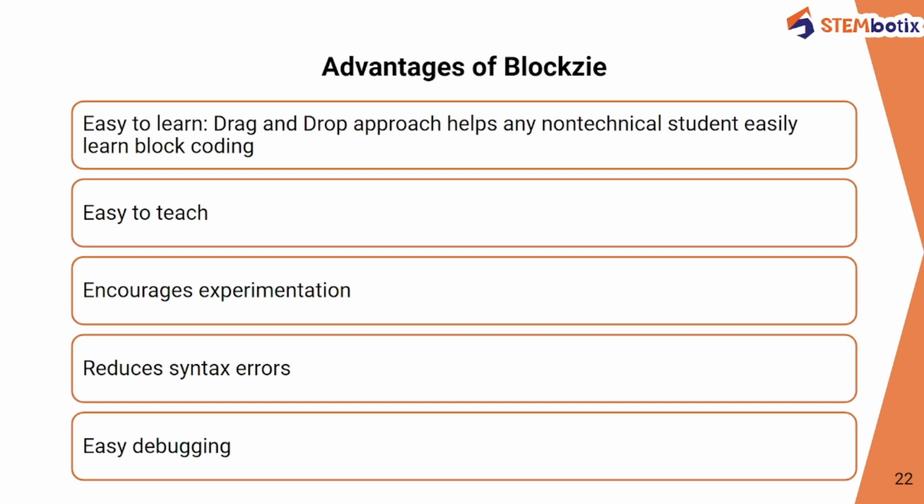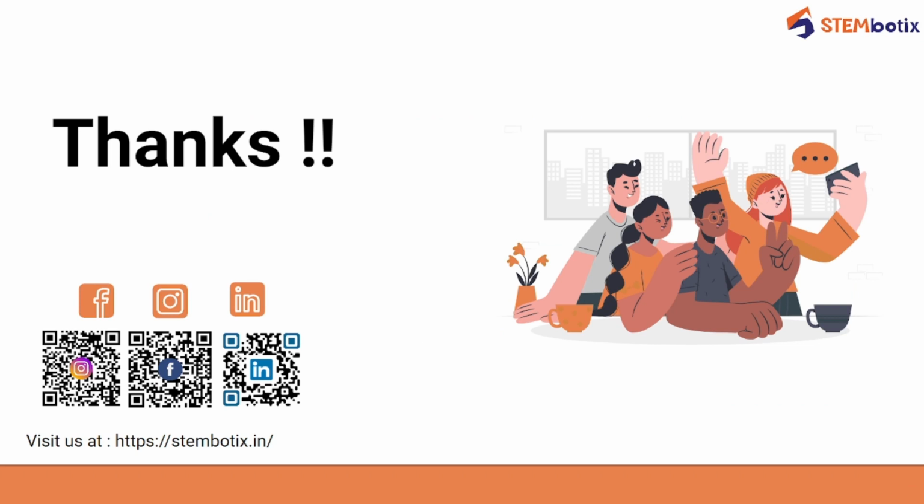You're just dragging and dropping the blocks available in the block programming palette, which reduces syntax errors. And easy debugging means you can easily find errors in your blocks. So this was all about the first tutorial and the very first introduction to block coding and Blockzie software. We will see you in the next one.